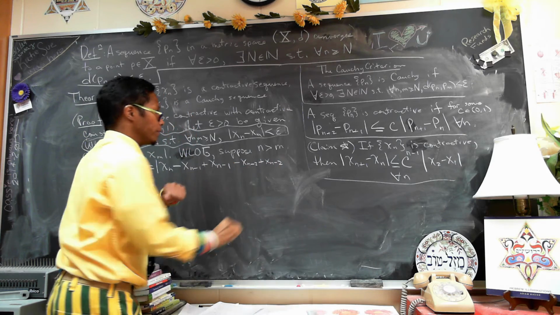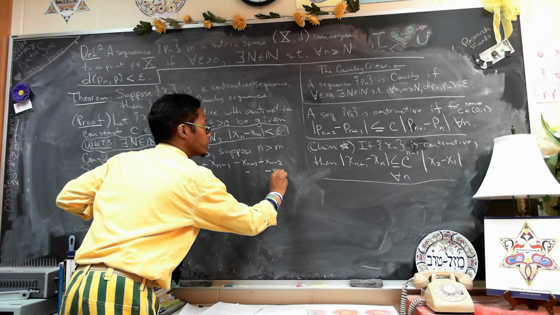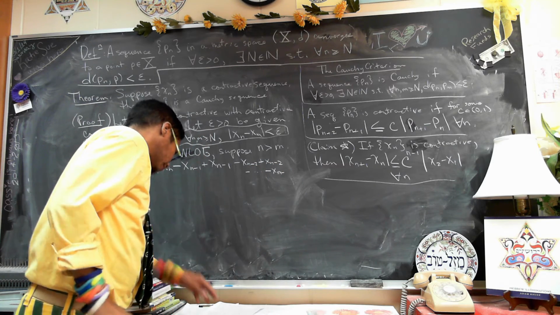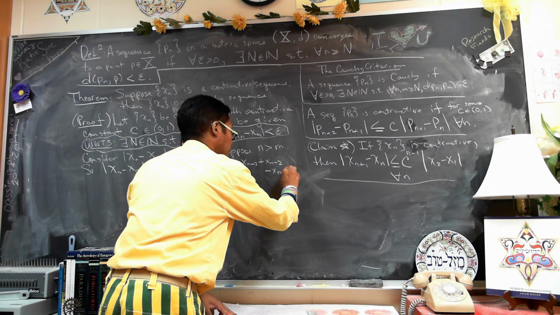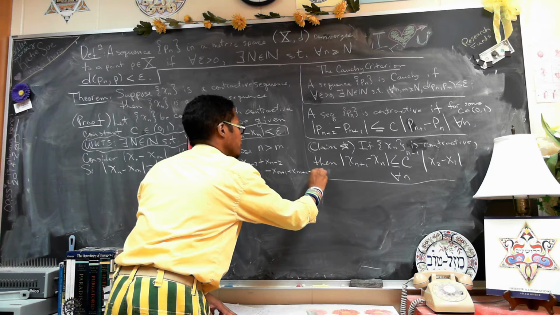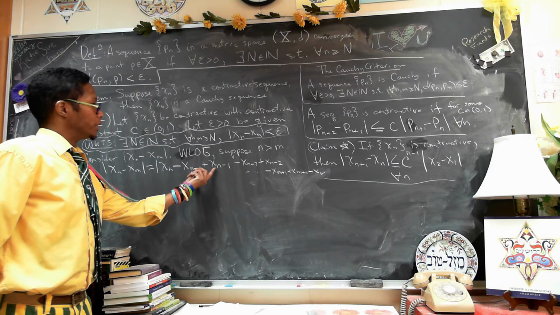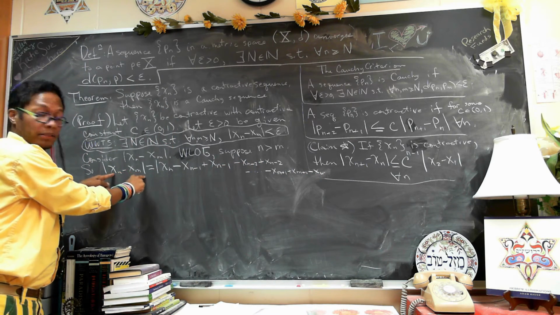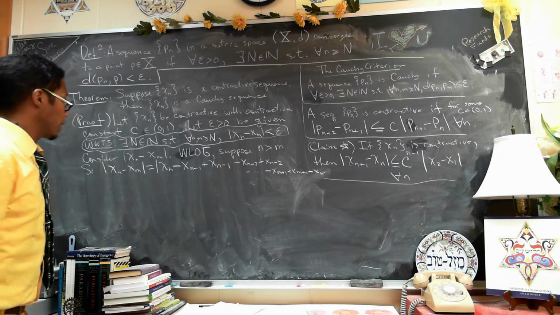So I added 0 again, etc., down to the last term, x sub m plus 1 plus x sub m plus 1 minus x sub m. So I've added a bunch of zeros in between x sub n and x sub m. So this is called a telescoping series.